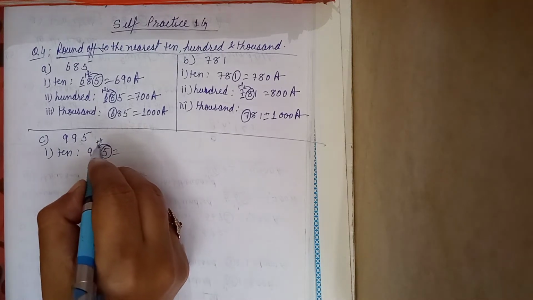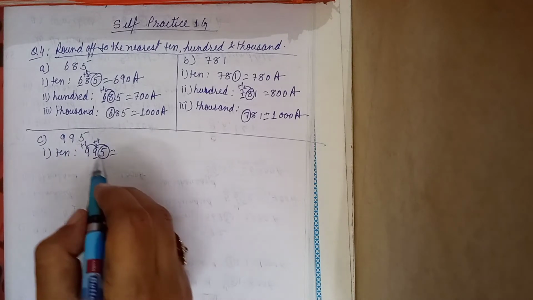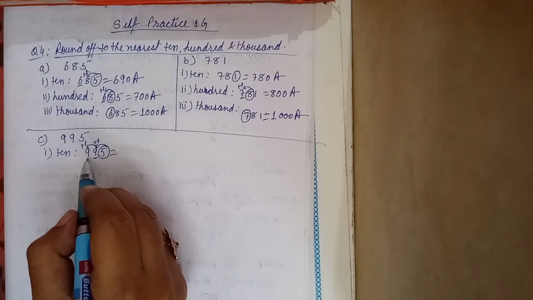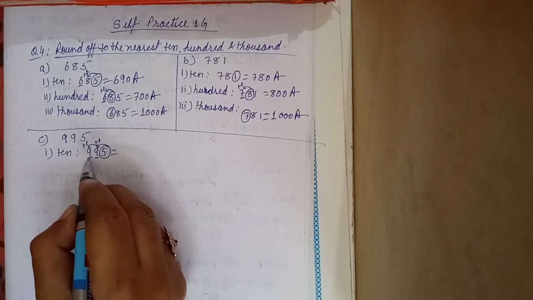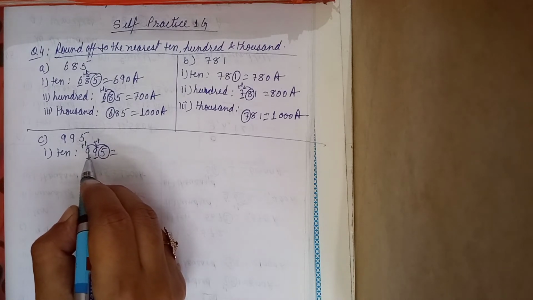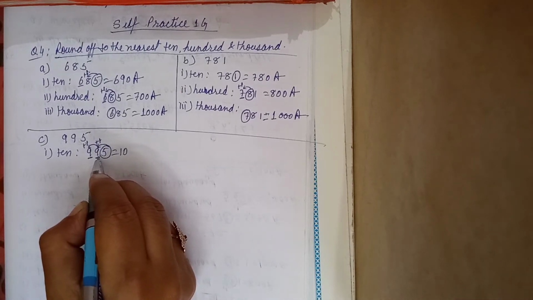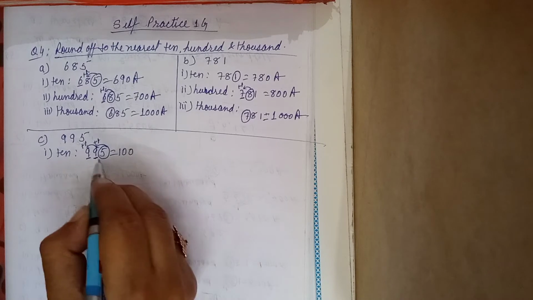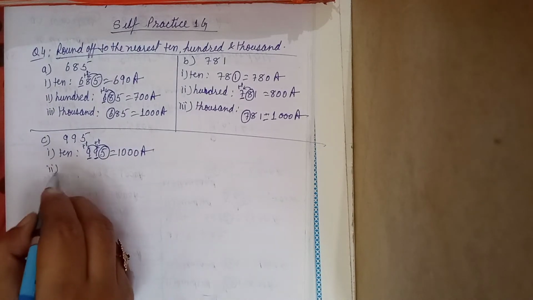So we will carry 1 to the next number, in the 100 place. The 100 place में the number is written 9, so it becomes 9 plus 1, 10, and in tens place में we will write 0, and in ones place में also we will write 0. So this is our answer.